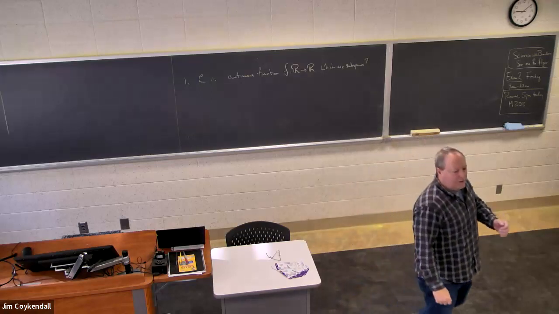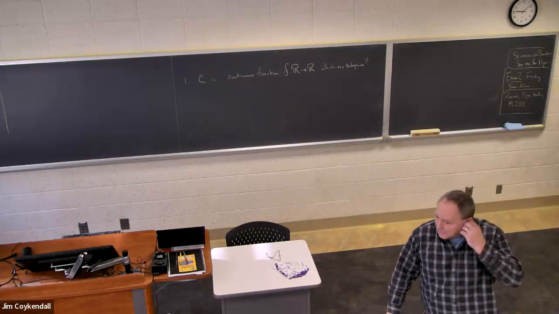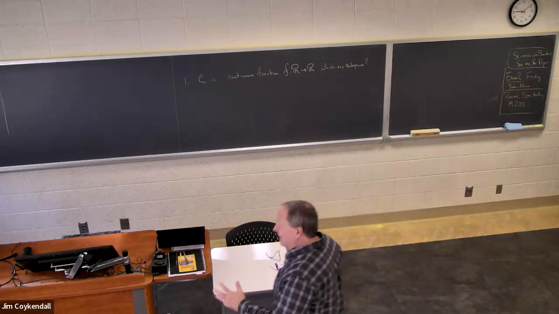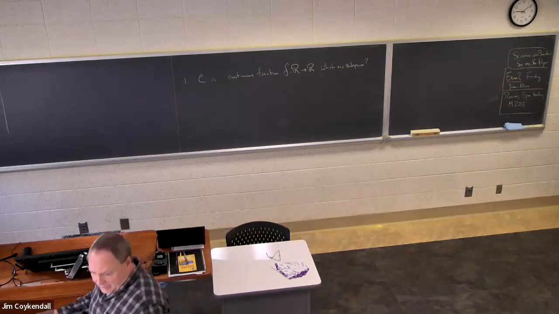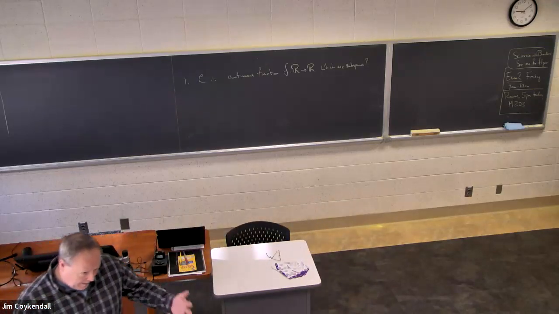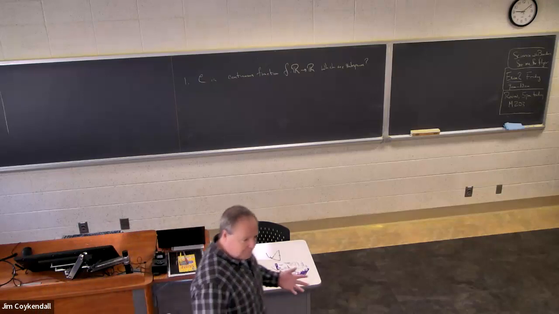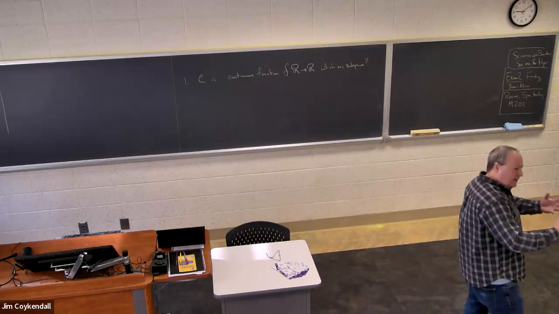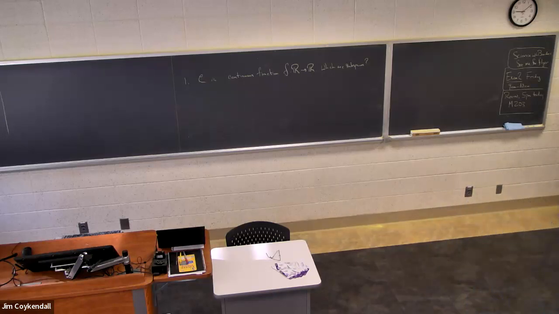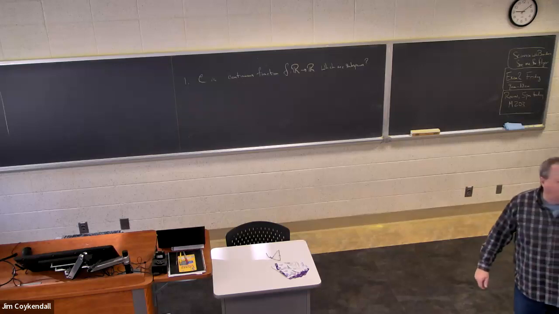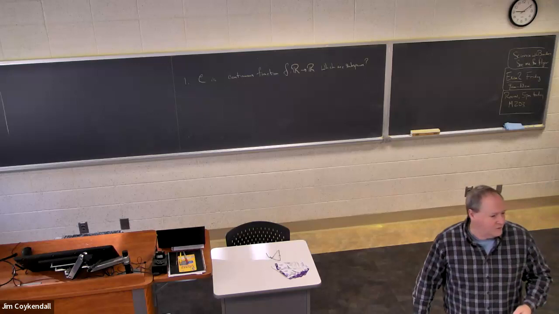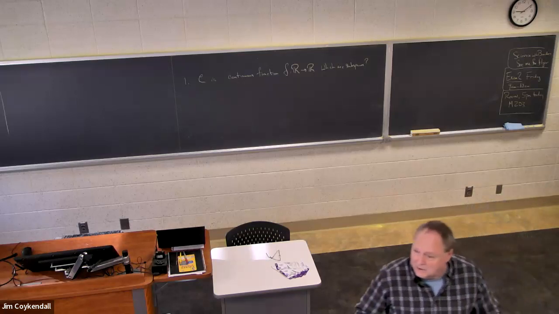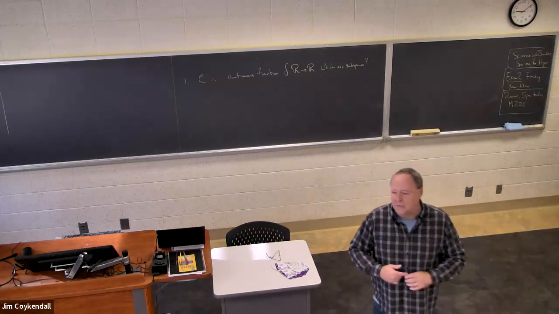I didn't ask you to show this, but I'll talk you through it. This is like a calculus problem, really. What happens when you add two continuous functions? What do you get? Continuous functions are our vectors. You add two vectors, you get a new vector. What happens when you take a continuous function and multiply it by a number? Sine x is continuous, so 5 sine x is continuous, and -7 sine x is continuous. So this is the makings of a vector space.